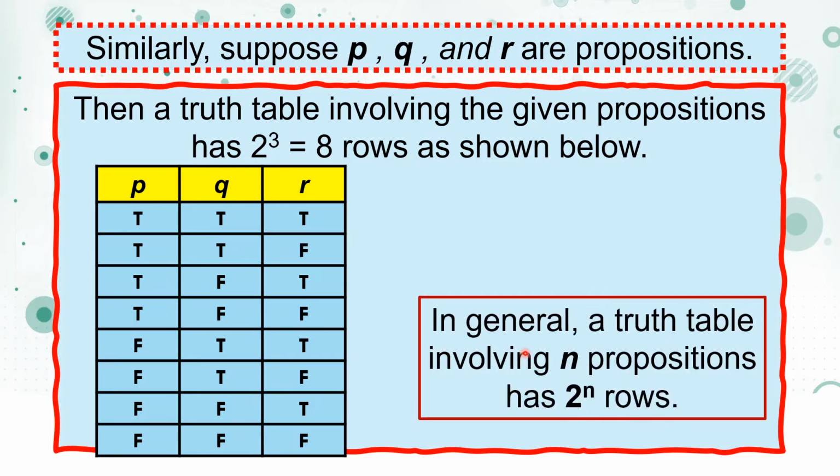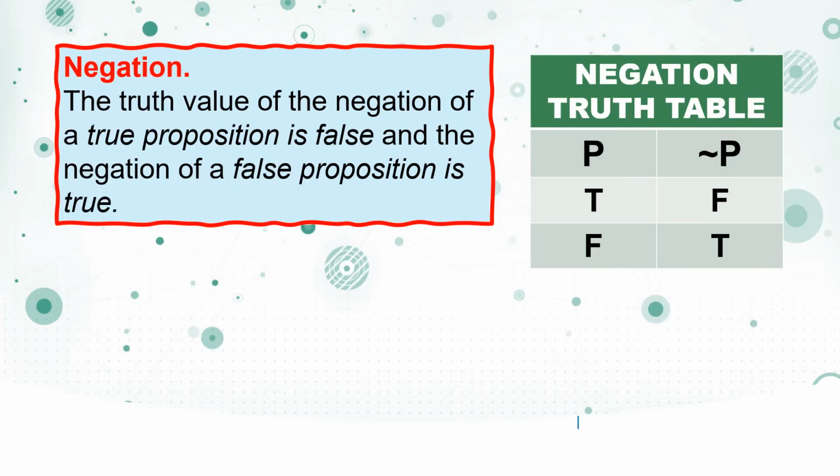So, in general, a truth table involving n propositions has 2 raised to n rows, where 2 now is the base, it is constant, and n now is the number of propositions. As mentioned previously, we will use truth tables to define logical operators.